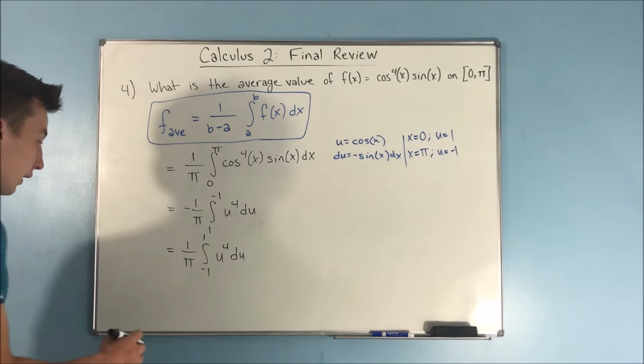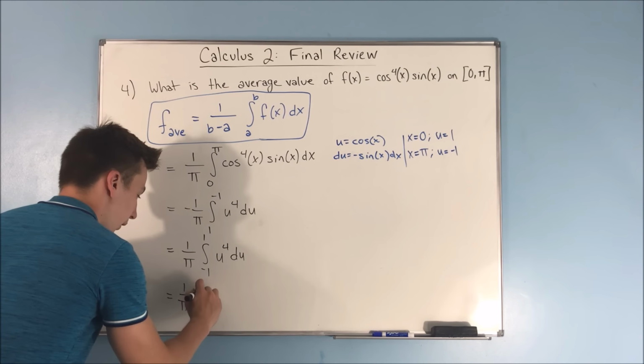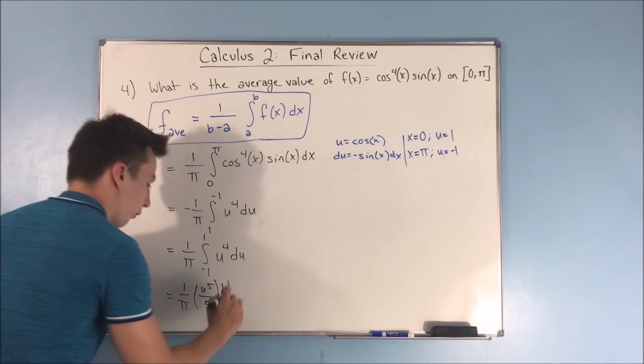Okay, and moving further, this is equal to 1 over pi times u to the 5th over 5, evaluated from negative 1 to 1.